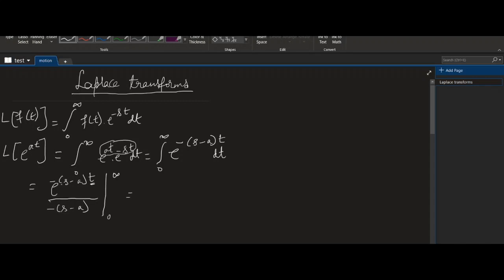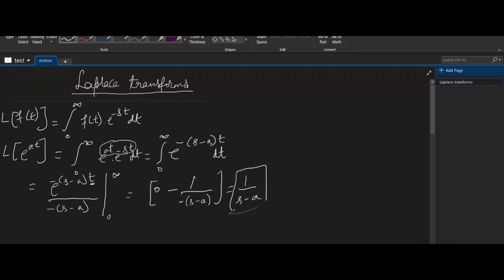That's why I took minus outside. So e power minus infinity is 0. So first term will be 0 minus, second term we have t equal to 0. So e power this whole thing into 0, we have e power 0, which is nothing but 1, divided by, of course, this minus of s minus a term is there. So therefore, this is equal to 1 by s minus a.